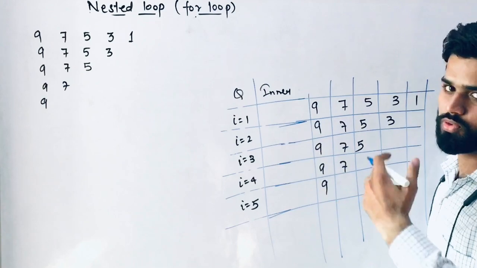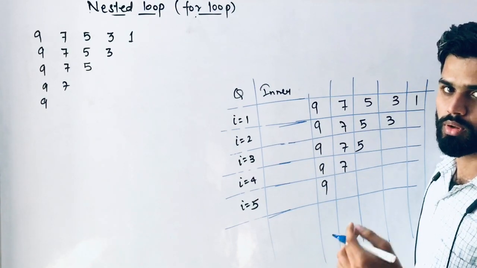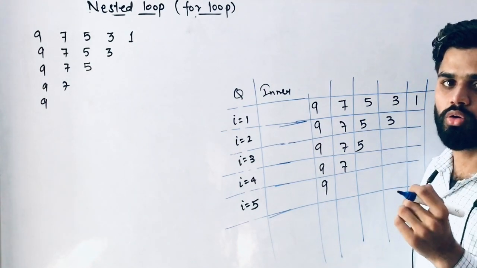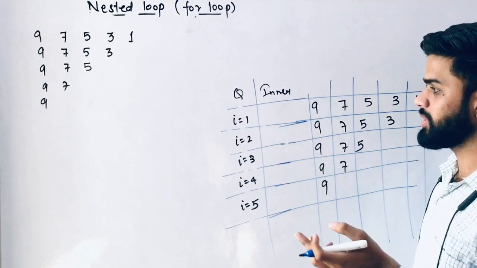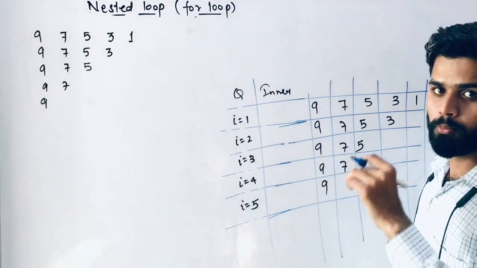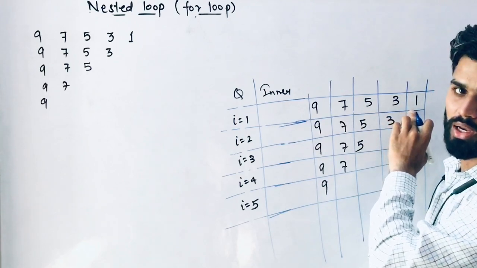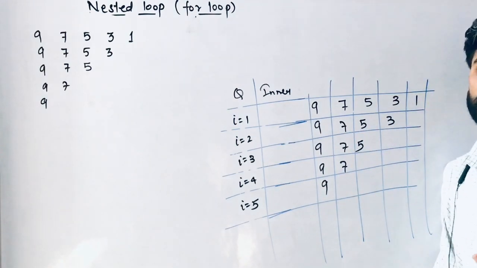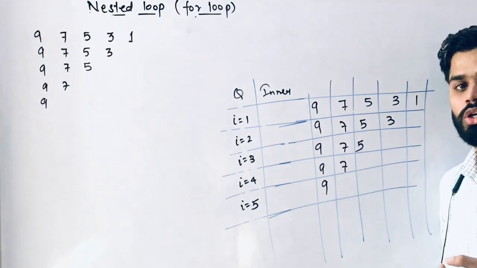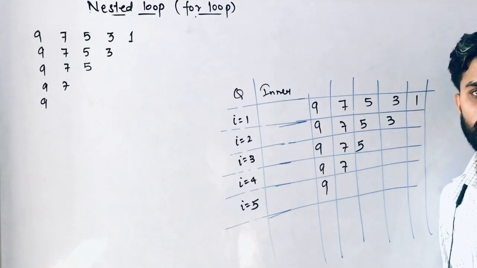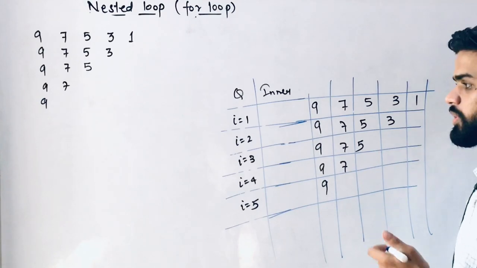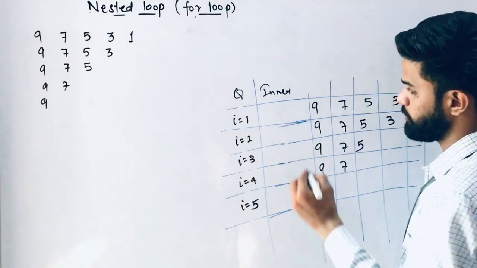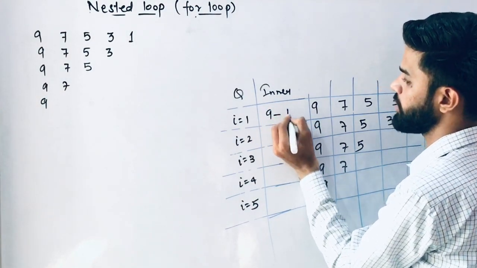When the outer loop runs the first time, the inner loop prints 5 values, 9 7 5 3 1, because the outer loop is responsible for the number of rows, and the inner loop is responsible for printing the values. Clear? So in the inner loop it prints from 9 to 1.